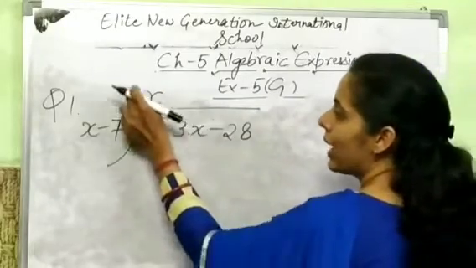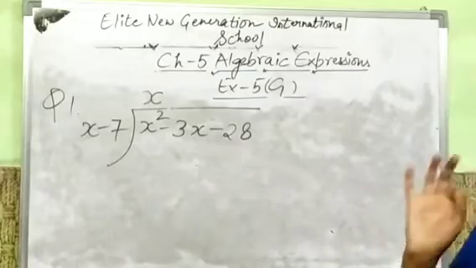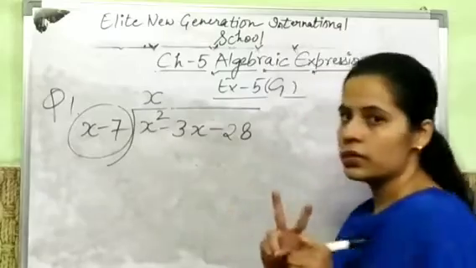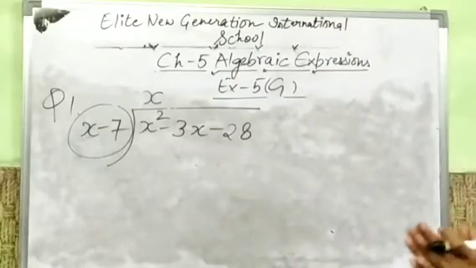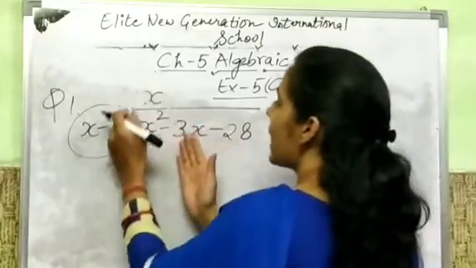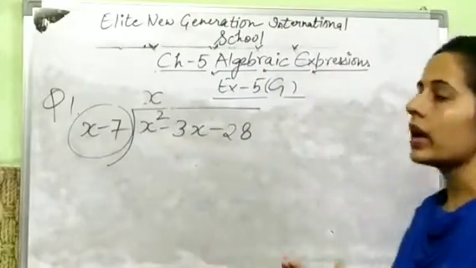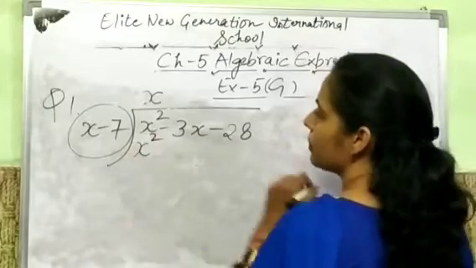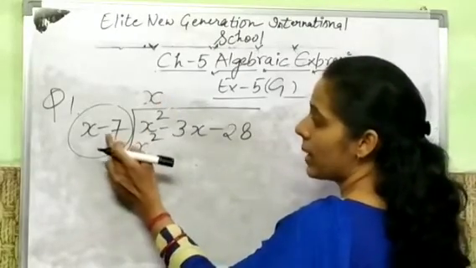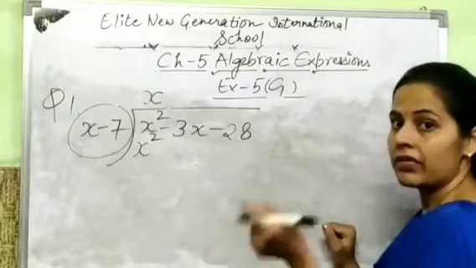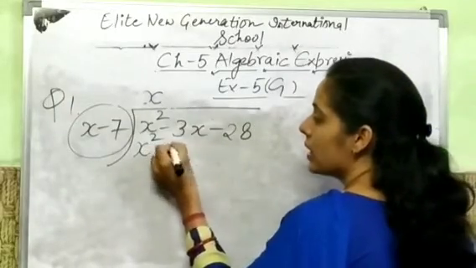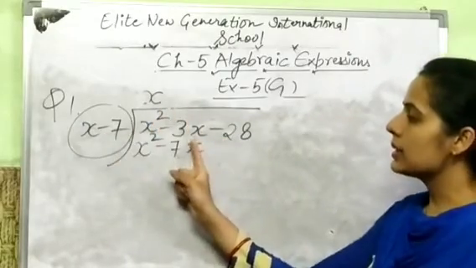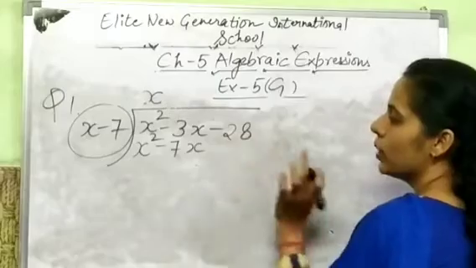Now we have the first term in the quotient, but you can see in the divisor there are two terms. So the next step is we need to multiply this x by both the terms of the divisor. First, we know very well that we'll get x square, so write x square. When we multiply this x by minus 7, we get minus 7x. So write it below the like term. Minus 7x is the like term of this minus 3x, so write it below this one.